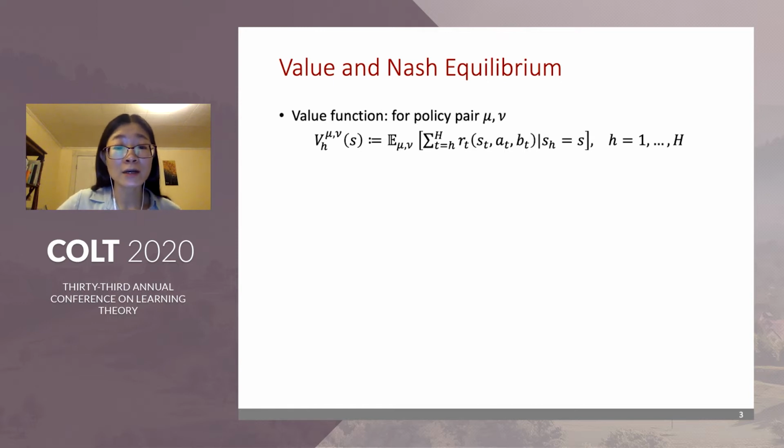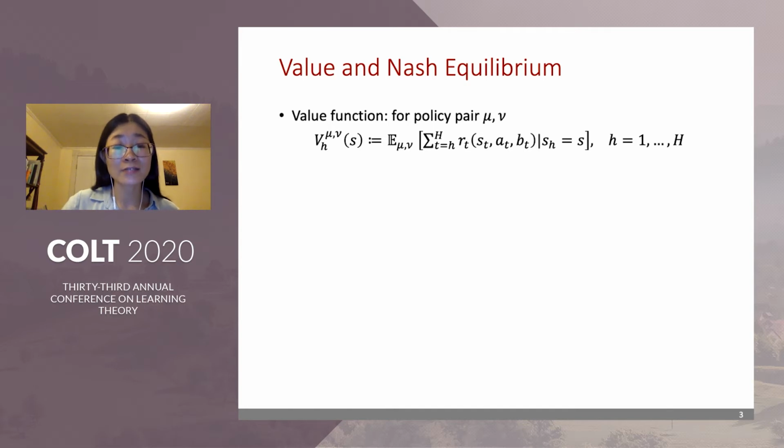We can define the value function for a fixed policy pair in the same way as in the Markov decision process setting. So the value function represents the total reward starting from state S until the end of the episode, if both players are playing actions according to the policy.